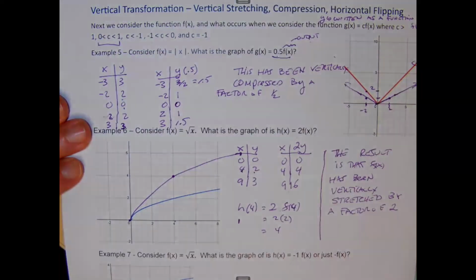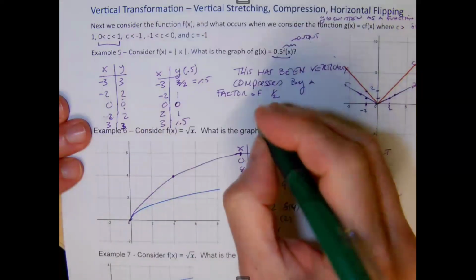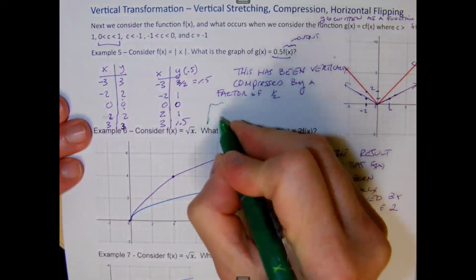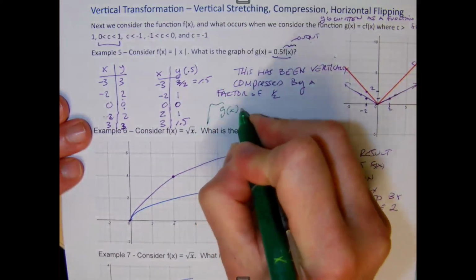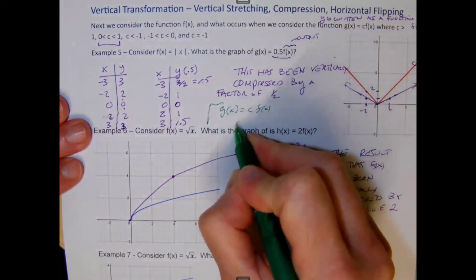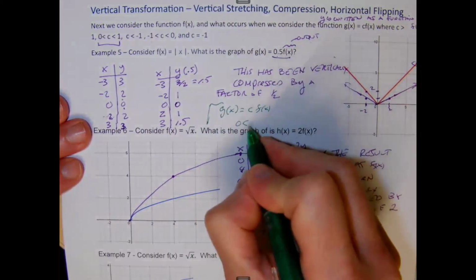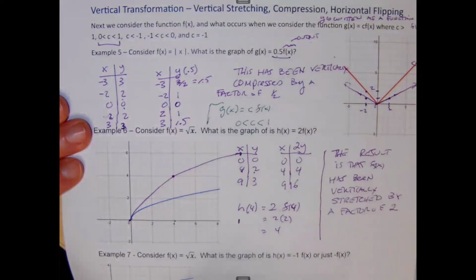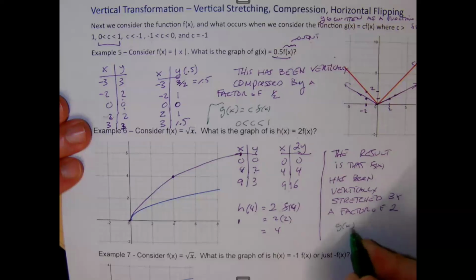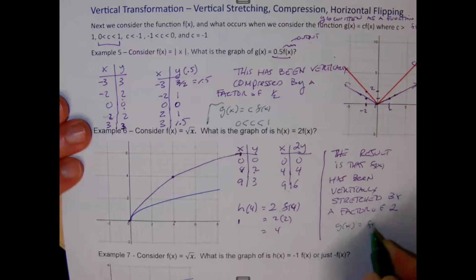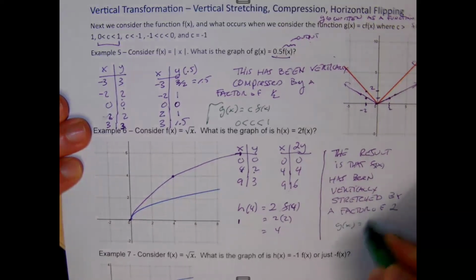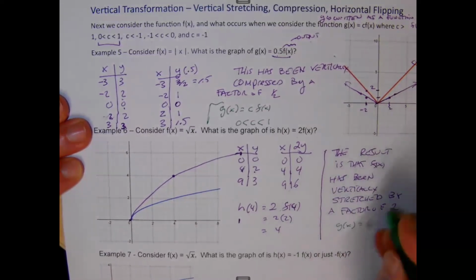So here in this case, when we look at the general statement, g of x is equal to c times f of x. In this first case, we use c so that it's between 0 and 1. And in this one, my c is greater than 1.